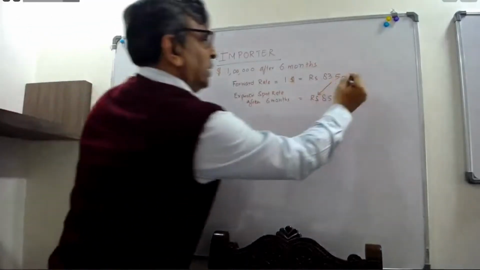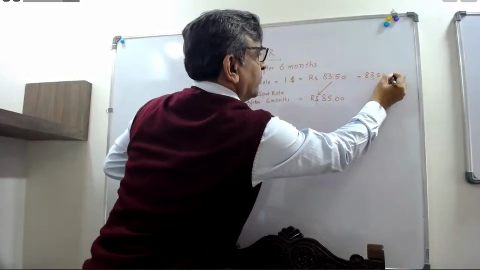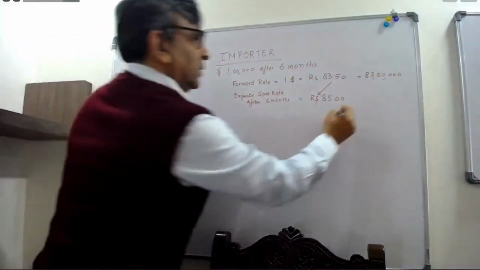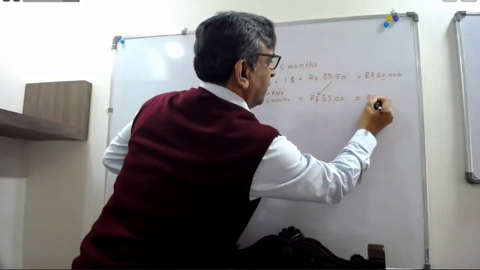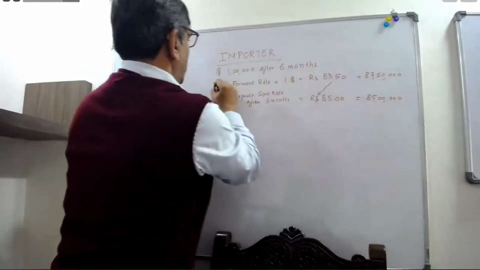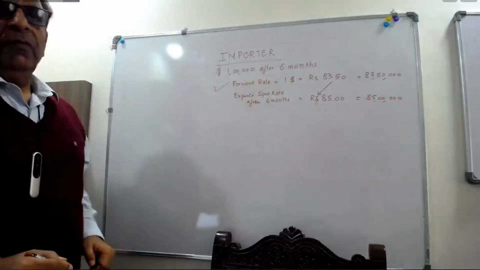So that means you are going to make a payment of 83 lakh 50,000 after 6 months. But suppose if you are not hedged, you're going to make a payment of 85 lakhs. So that means you should take a forward rate contract because the rate has gone to 85.